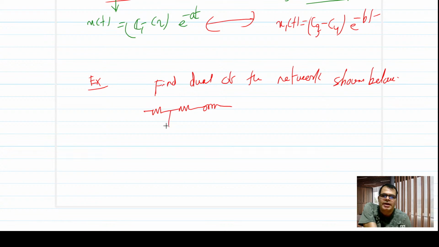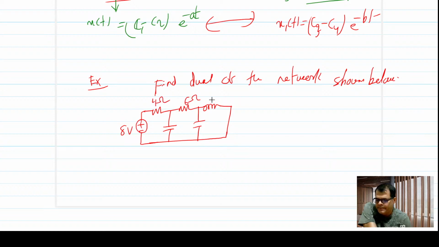You will see how easily you can convert it into the dual network. The network has an 8 volt source, 4 ohm, 6 ohm, 4 Henry, 4 farad and 8 farad. I have taken small integer values for the sake of understanding the problem.